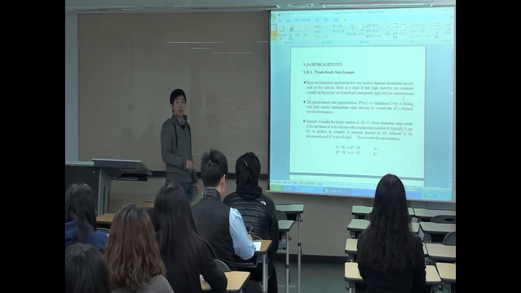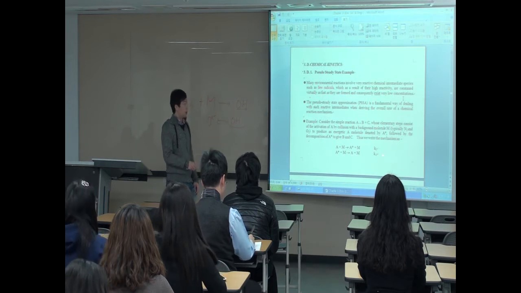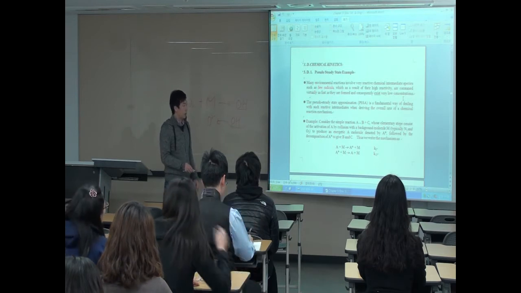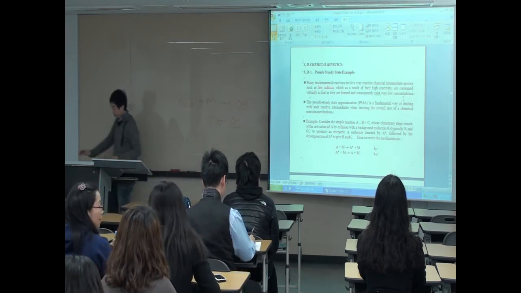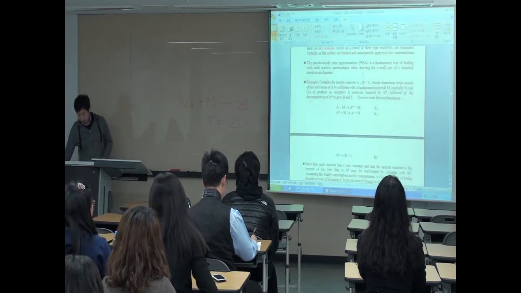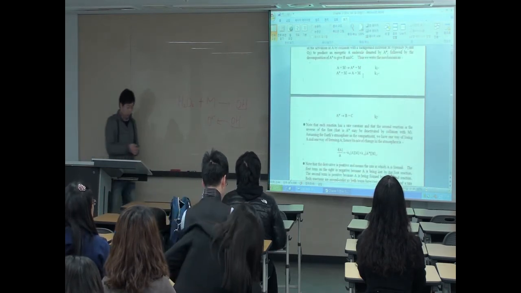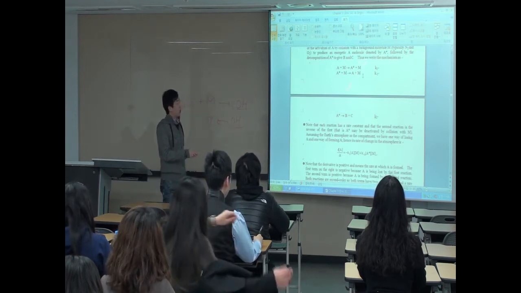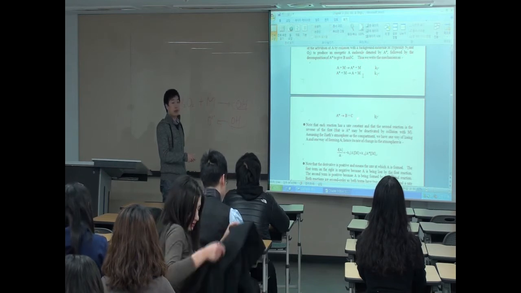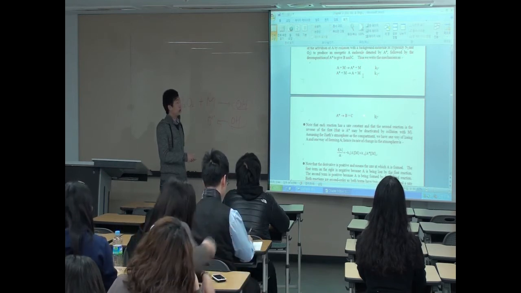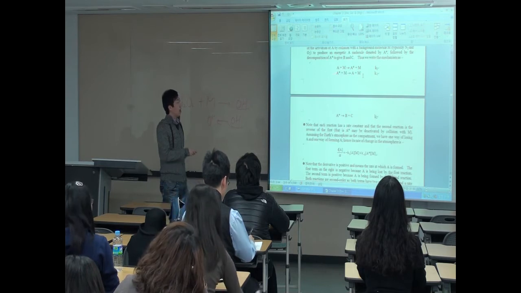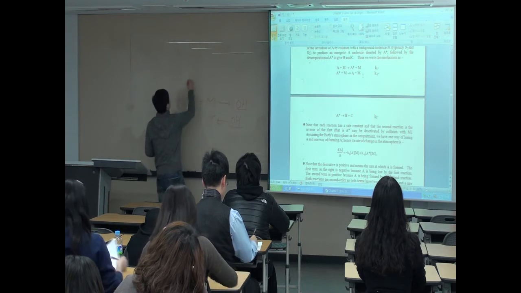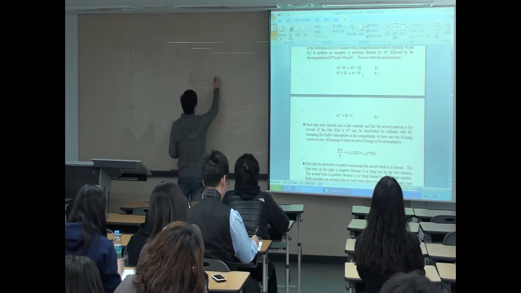This is the reverse reaction, so this rate constant is K minus 1. And this is the second reaction. If there is A star, they can make B and C. This is the product. So the total reaction is A becomes B and C.